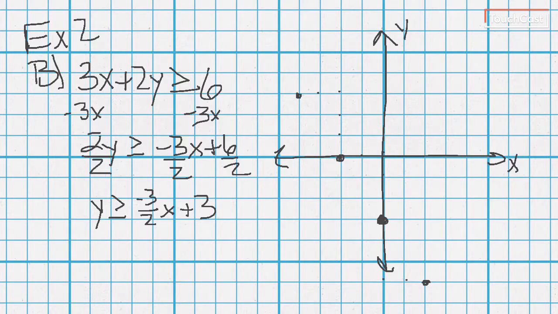Now the question is, we've got some points. Are we going to make this a solid or a dashed line? I do see that this is y is greater than or equal to, so it's got that little line under the inequality symbol. We're going to connect our dots with a solid line.